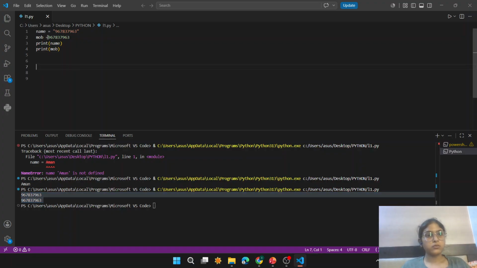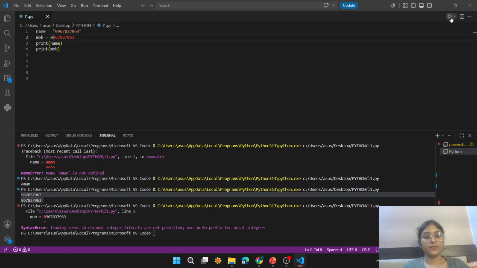The issue will occur when I add a zero ahead of this whole number. Leading zeros are not permitted in a numerical value.